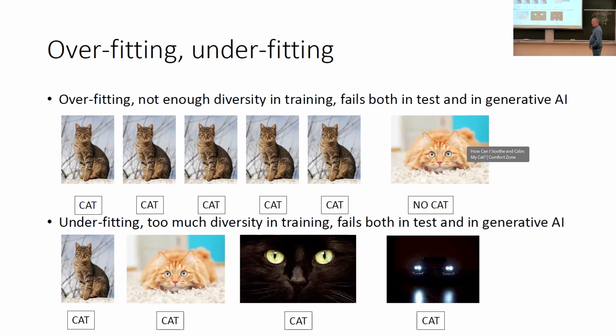This is very bad. It is called overfitting. What you submit to the machine doesn't have enough diversity, so it is training again and again on the same cat, and it is not capable of imagining. If you have too much diversity in your training set, you have underfitting.